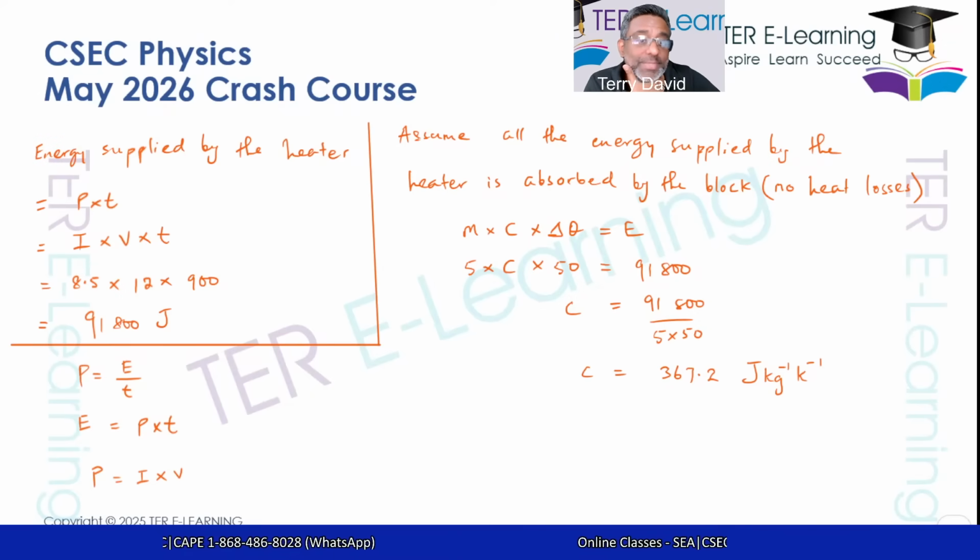I hope so. All we're doing here is, we know the energy supplied by the heater. We calculated that first. Once you get that, the energy is being absorbed by the block here.